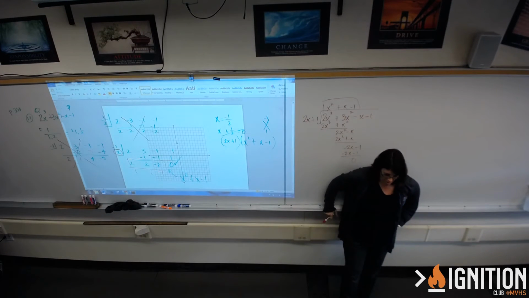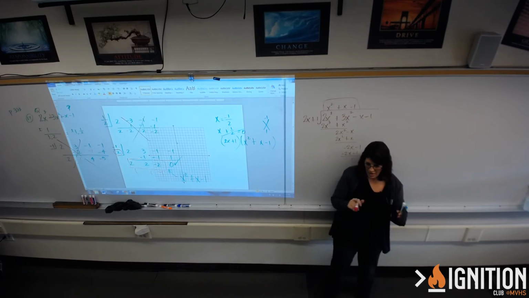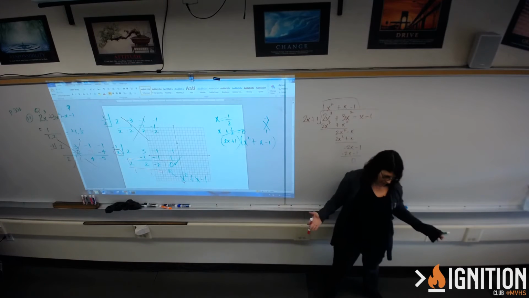Quadratic formula, solve it. This is one of those deals where you have to work backwards. You actually have to solve it to factor it.